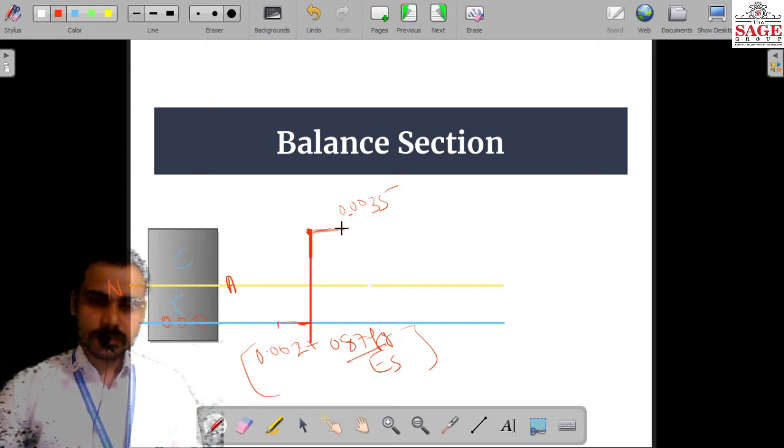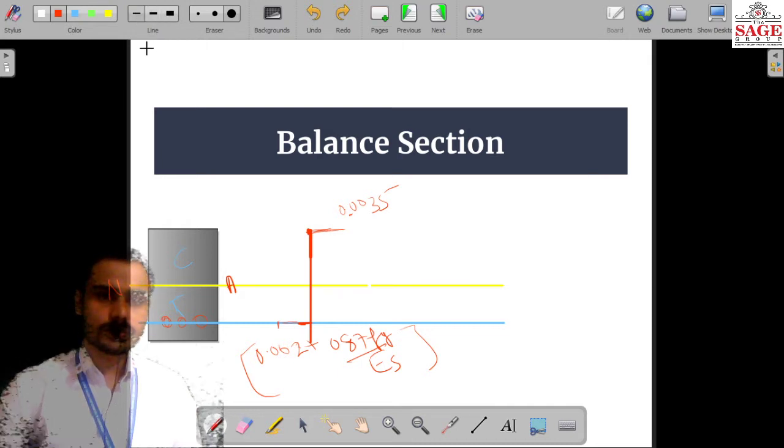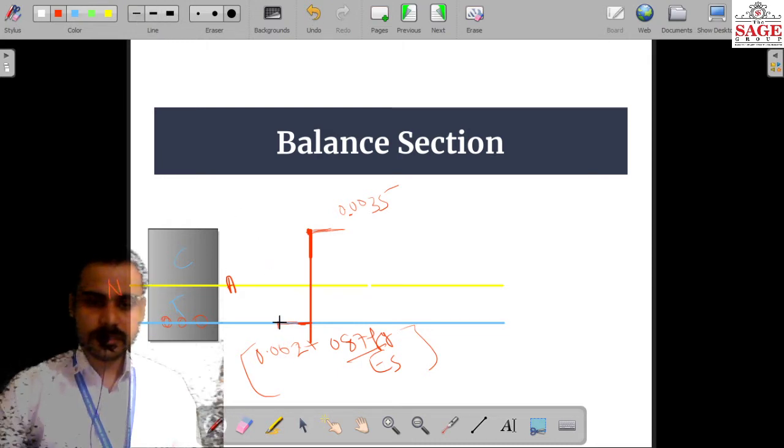So in that type of section, when the strain in concrete is 0.0035, its ultimate value, the strain in steel will also be equal to its indicated minimum value, 0.002 plus 0.87 Fy divided by Es.